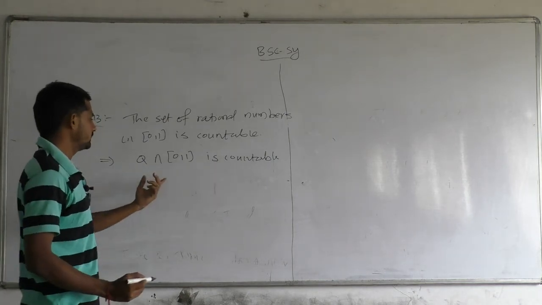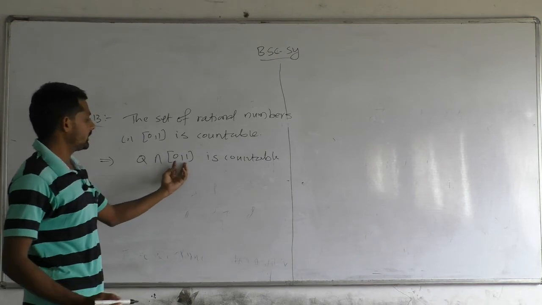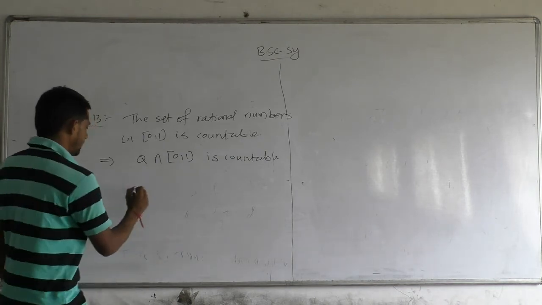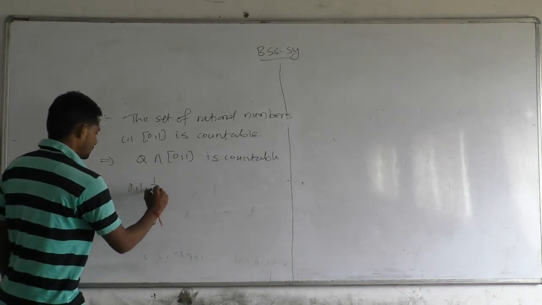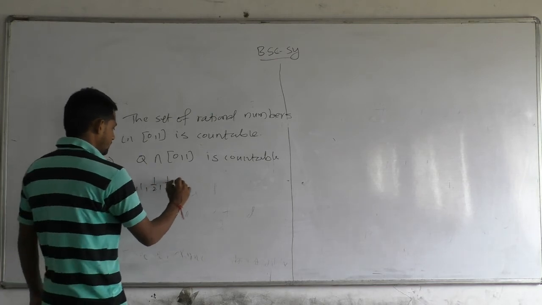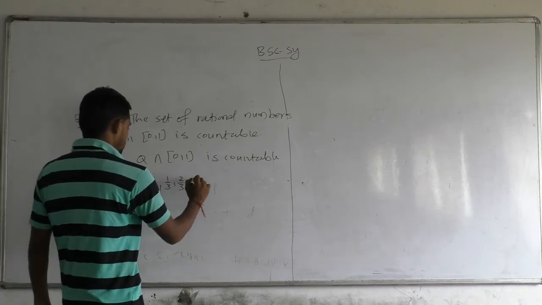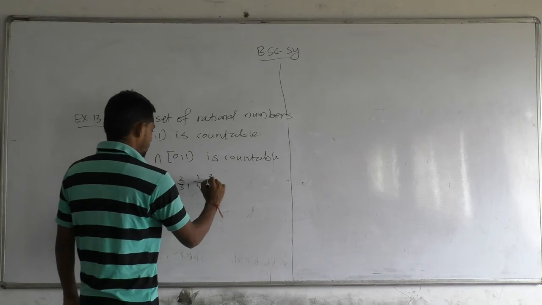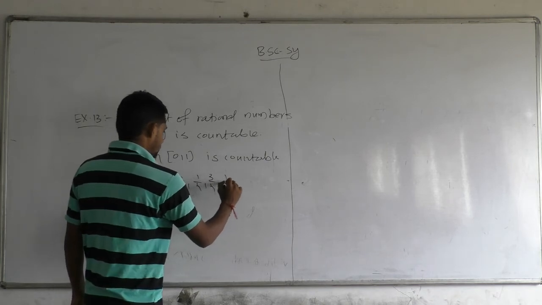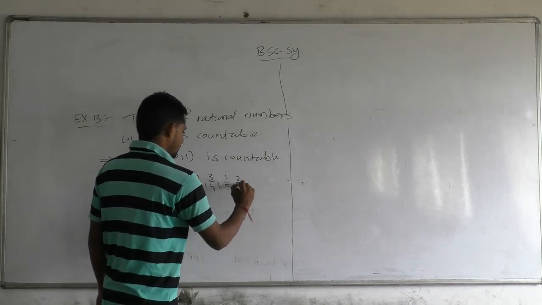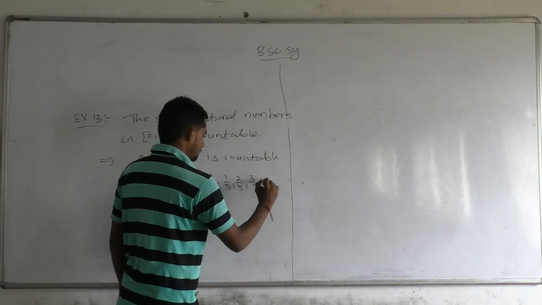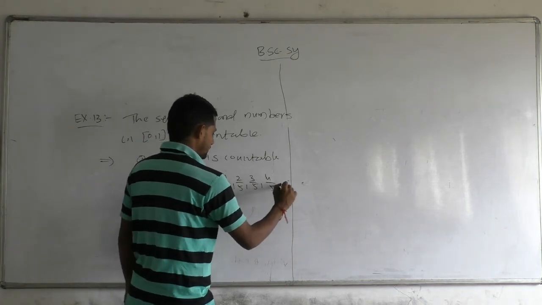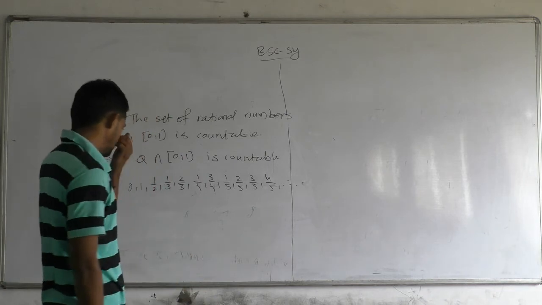Now we can write the rational numbers in [0, 1] as 0, 1, 1/2, 1/3, 2/3, 1/4, 3/4, 1/5, 2/5, 3/5, 4/5, and so on like this.